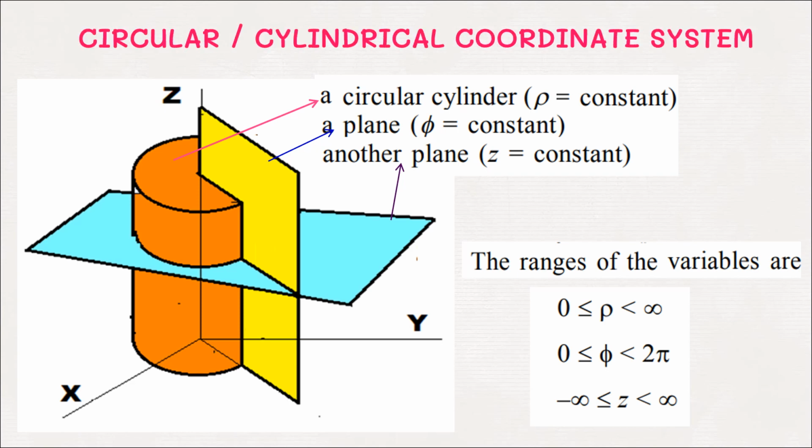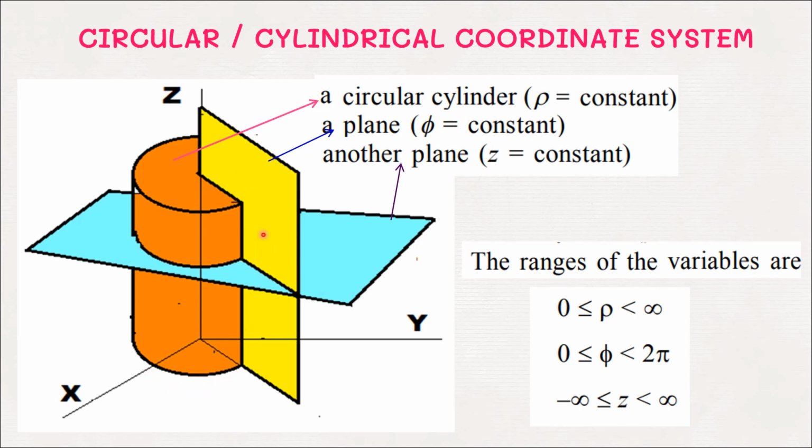Circular or cylindrical coordinate system. The three mutually perpendicular surfaces in the case of a cylindrical coordinate system are, first one is a cylinder of radius rho, the orange color cylinder. Next we have a plane, the yellow color one, which makes an angle phi with the x-axis.